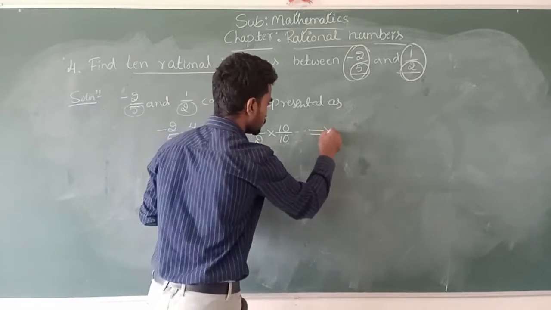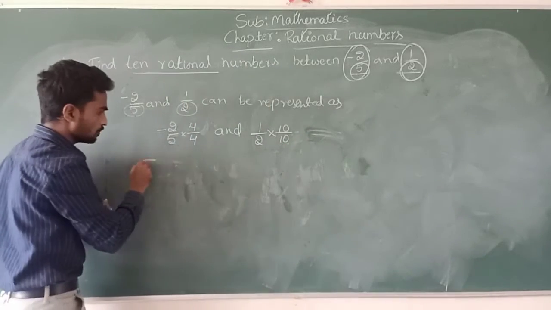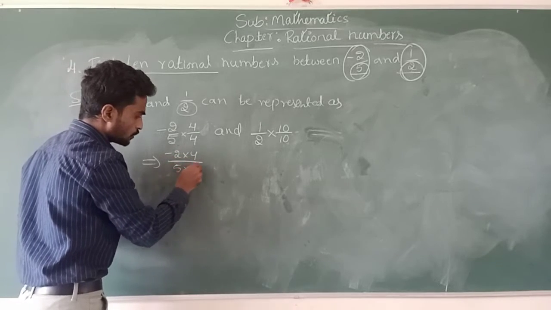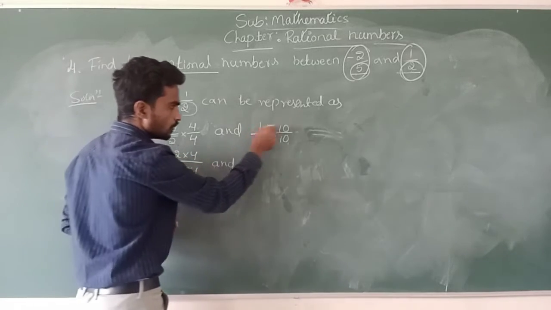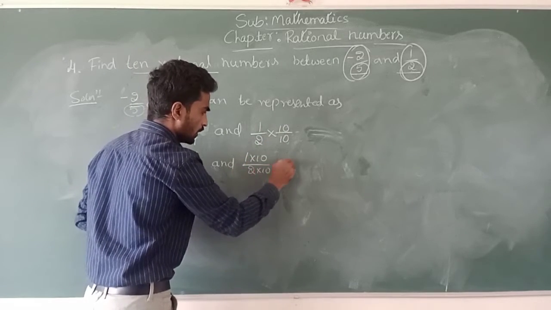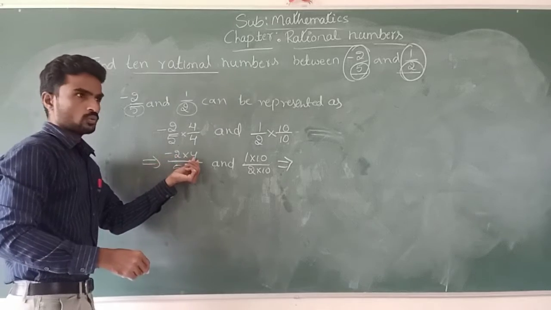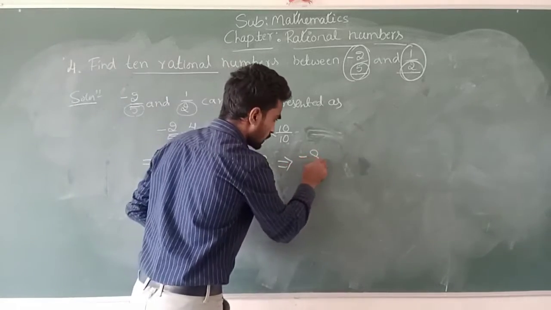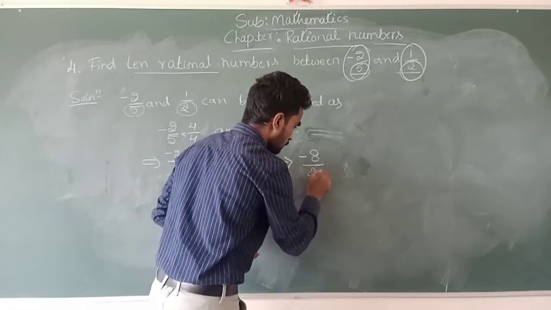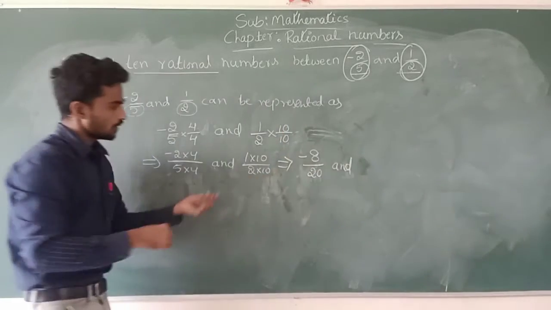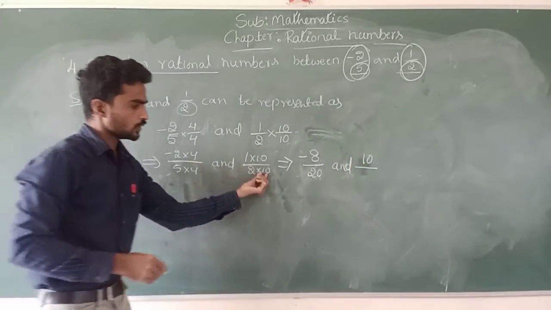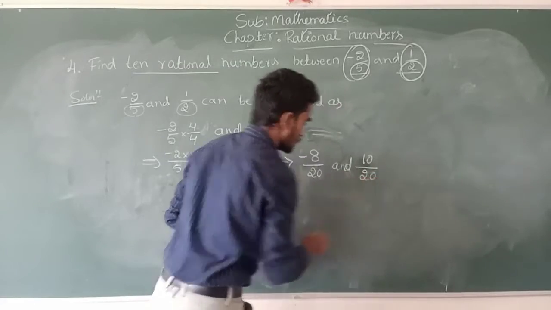That implies minus 2 into 4 divided by 5 into 4, and 1 into 10 divided by 2 into 10. That implies minus 2 into 4, minus 8. 5 into 4, 5 fours are 20, and 1 into 10, 10 divided by 2 into 10, that is 20.